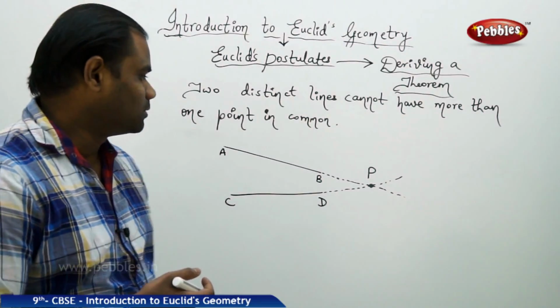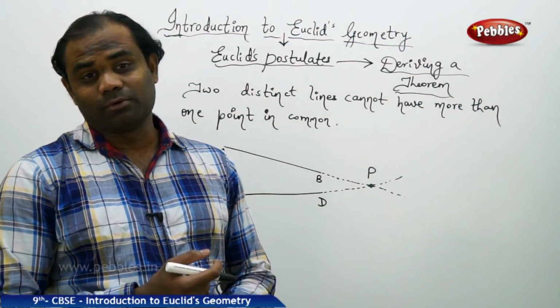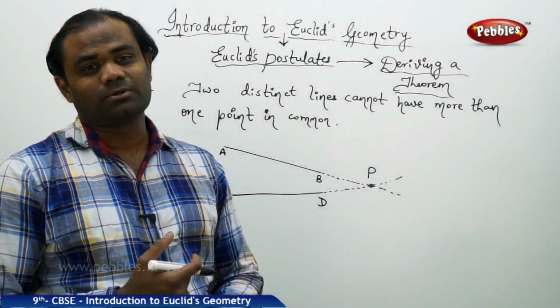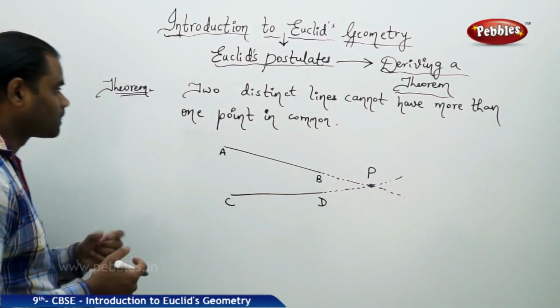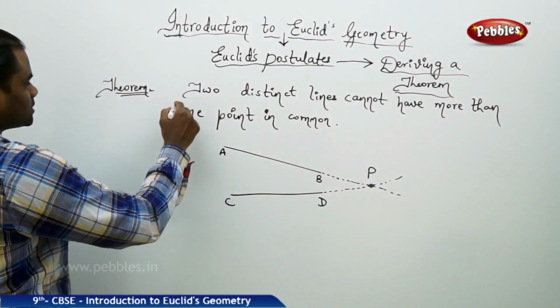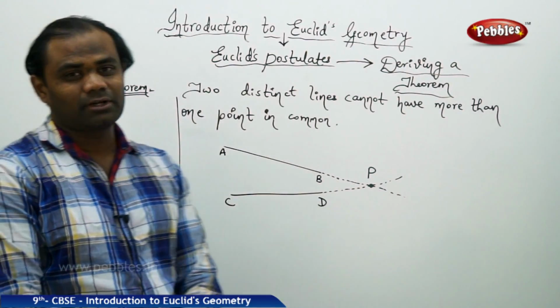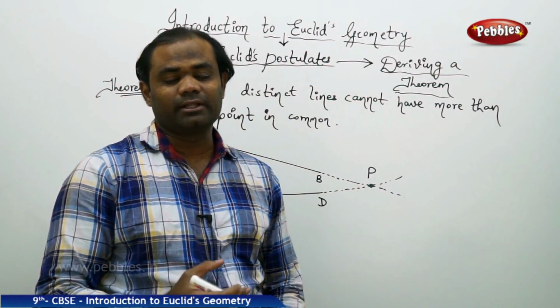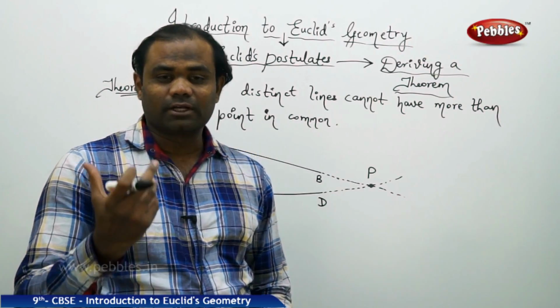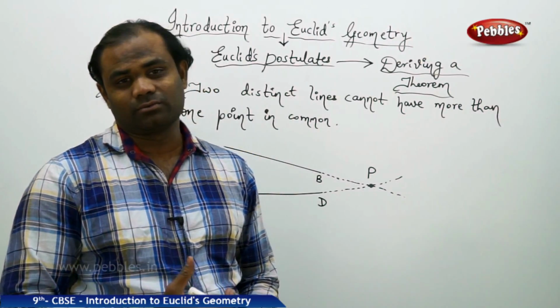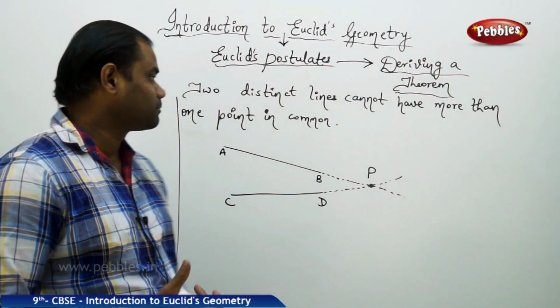So let's see how this theorem has been proved exclusively using the postulates. The proof is by contradiction. Given the statement, I take the contradiction of the statement and then prove that the result of that contradictory statement is not true using the proof.